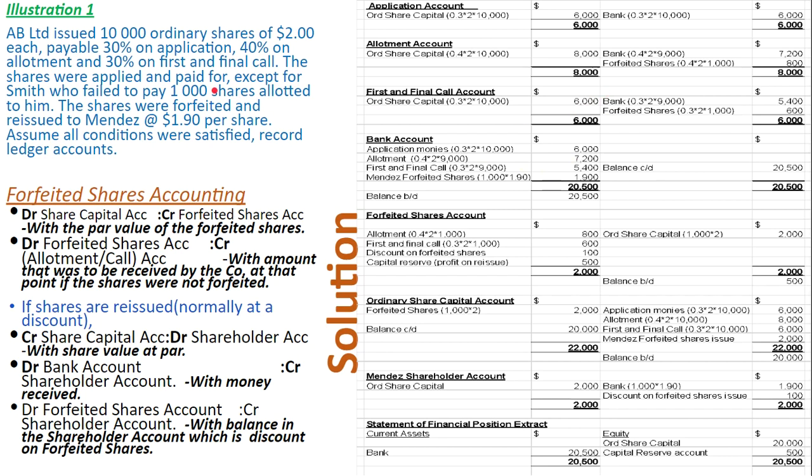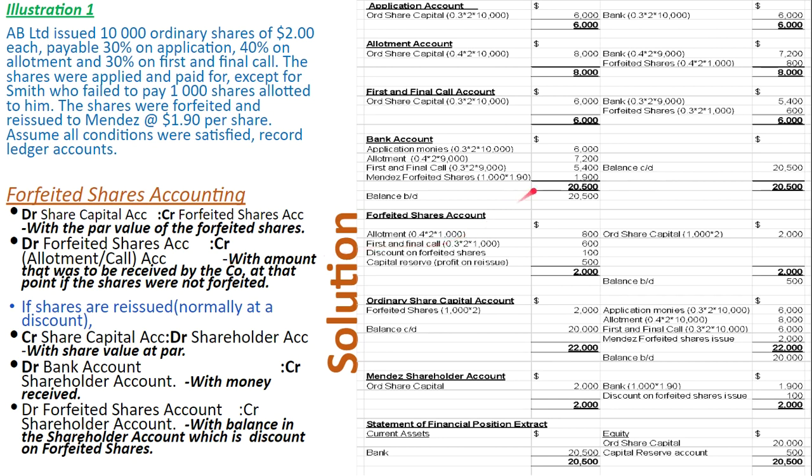So at this point, we will go to our forfeited shares accounting notes and look for a point which reports on the treatment of these forfeited shares on allotment. So point number 2 says debit forfeited shares account and credit allotment or call account with the amount that was to be received by the company at that point if the shares were not forfeited.